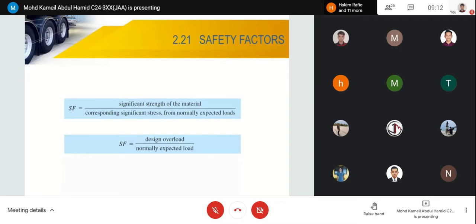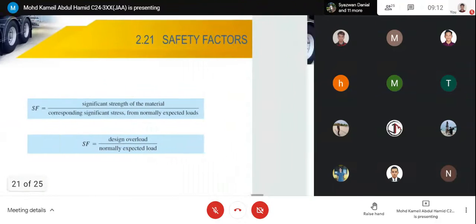The design overload is your SY value, or SUT or SUC for brittle material. And the normally expected load is the common load that our component will experience. So it's going to be put into consideration, and the safety factor will be calculated from this.